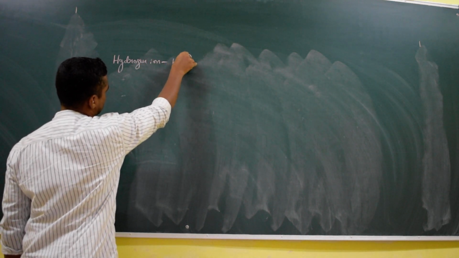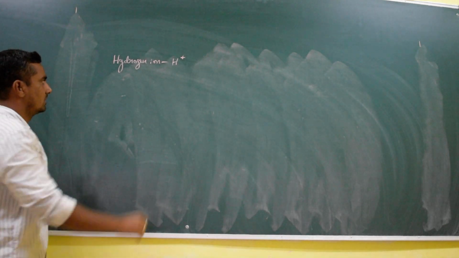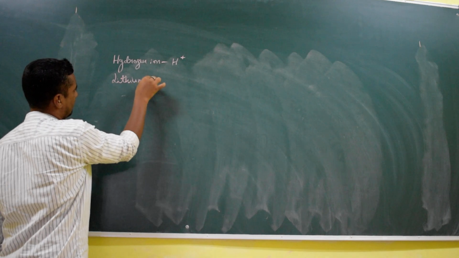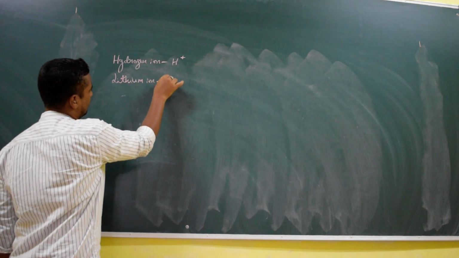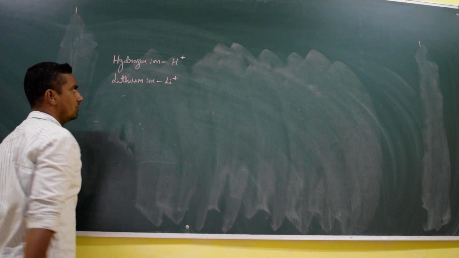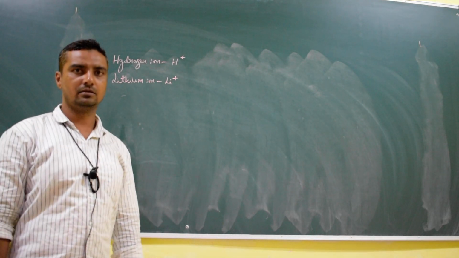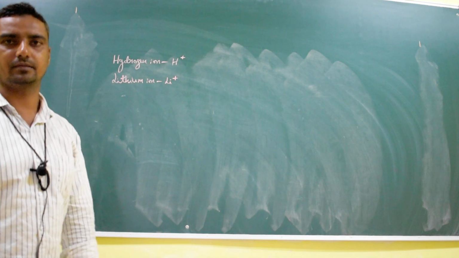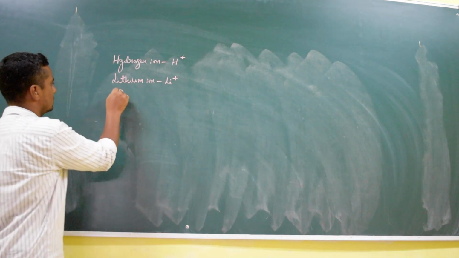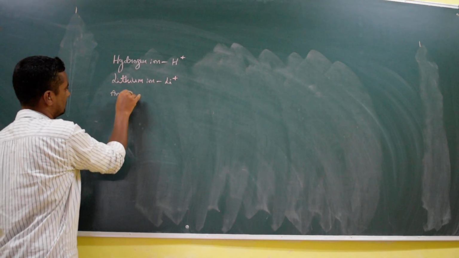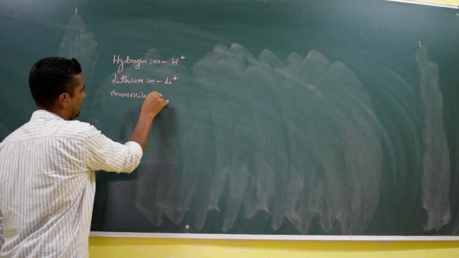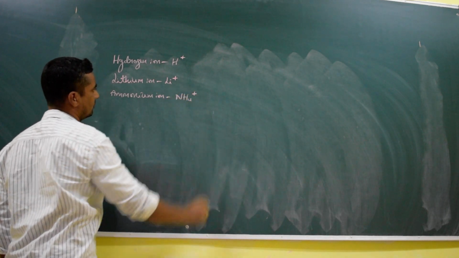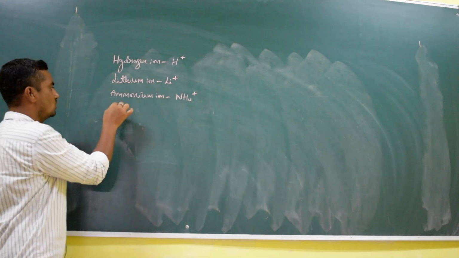This is the lithium ion, Li plus. Since it is a cation, it is represented with the same name as the element. Lithium ion. Then there is the ammonium ion, NH4 plus.